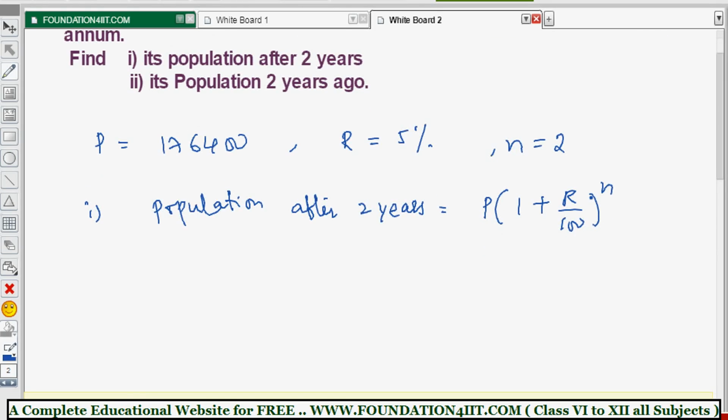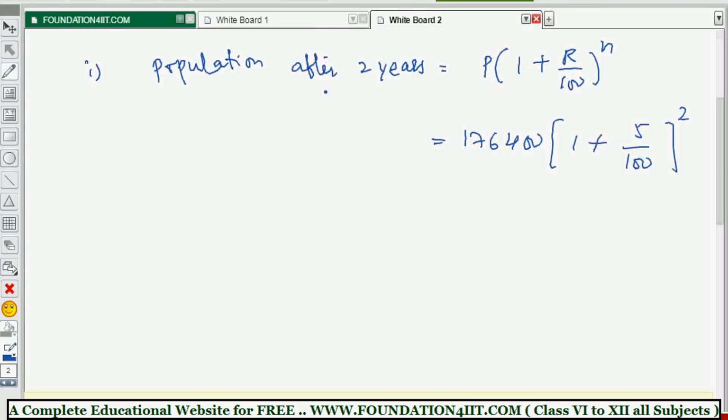Here P is the present population, that is 1,76,400 into 1 plus r, which is 5, by 100 whole to the power 2. If we simplify this value, you will get the population after 2 years. Simple, you can simplify: 1,76,400 into 1 plus 5 by 100, so 105 by 100 whole square, right? So again 105 by 100.